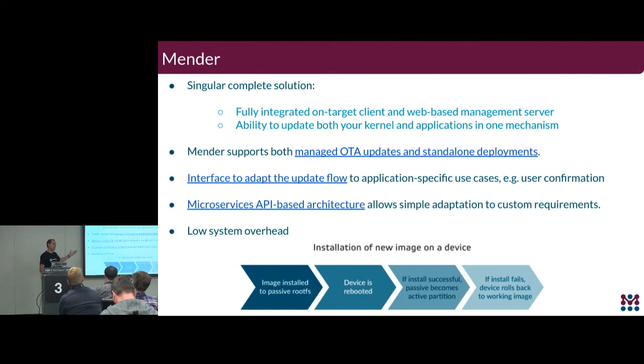So the intention is that it should be fairly easy to integrate with if you have another system that manages devices. You don't have to use the management front end, or you can script it. And usually when you reach 10,000 devices or 100,000 devices, you don't want to go to a web page and click things, and you kind of want it automated and scripted and so on. And that's where APIs come in.